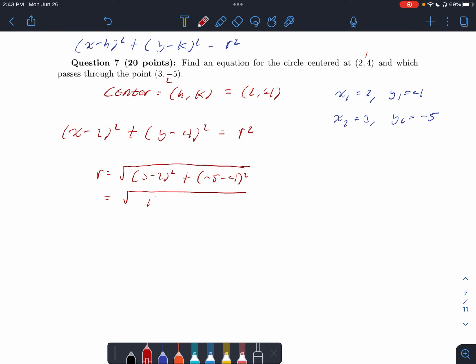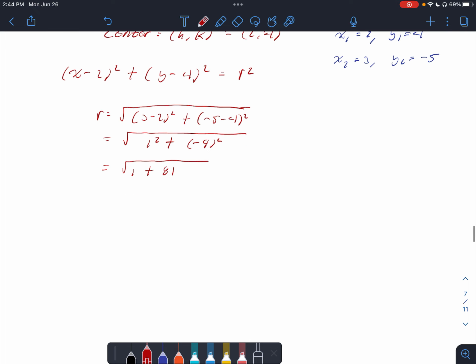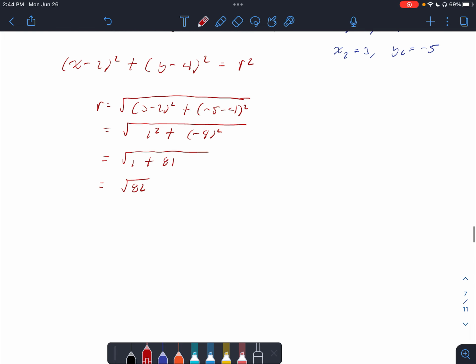So we'll have 1 squared plus (-9) squared, or 1 plus 81, or the square root of 82. We don't have to worry about trying to simplify that, because we're just going to go ahead and square it anyways.